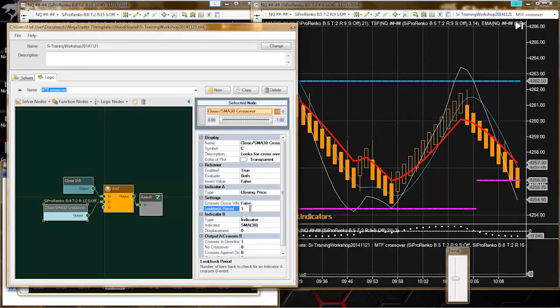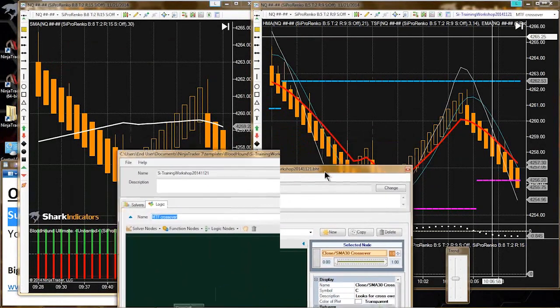The solvers that are on the higher time frame, you may need to increase the look back period. So that might be helpful. Let's see.